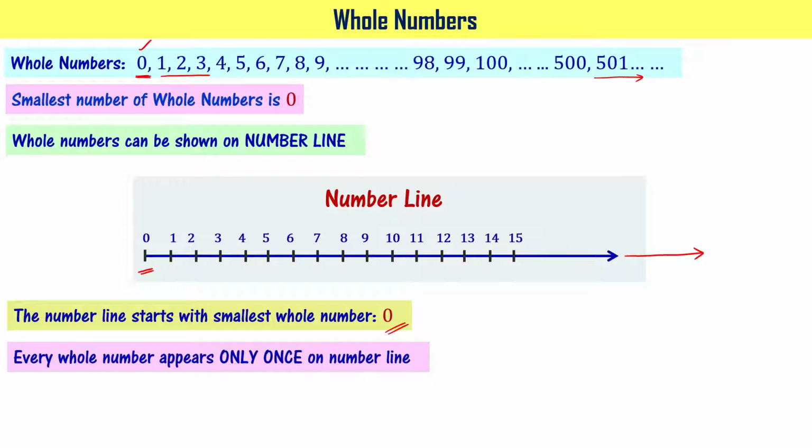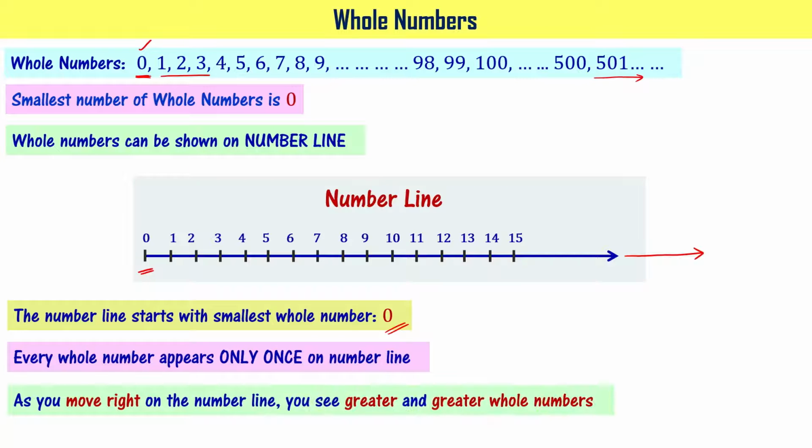And as we have seen earlier with natural numbers, here also, every whole number appears only once on the number line, right? 0 appears only once, 4 appears only once, 44 appears only once, like that. And as you move right on the number line, you see greater and greater whole numbers. If you move on to the left side, you see smaller and smaller whole numbers, right?